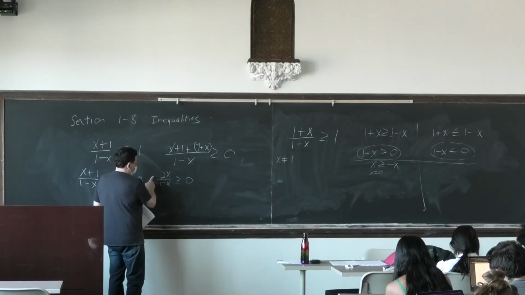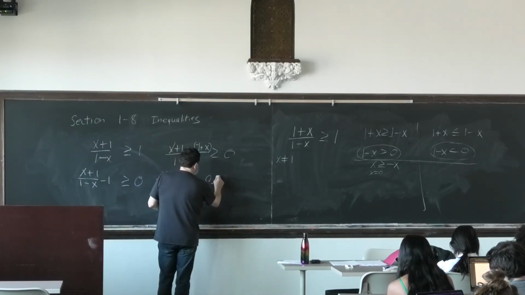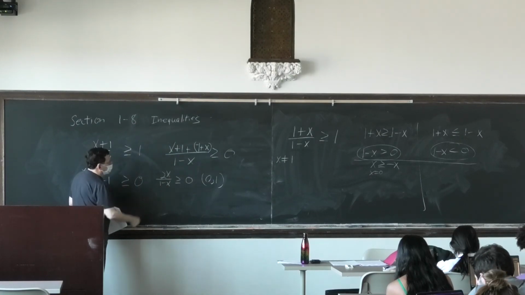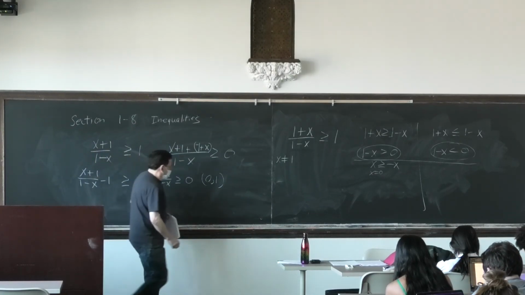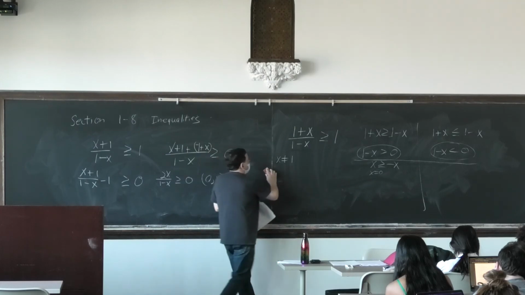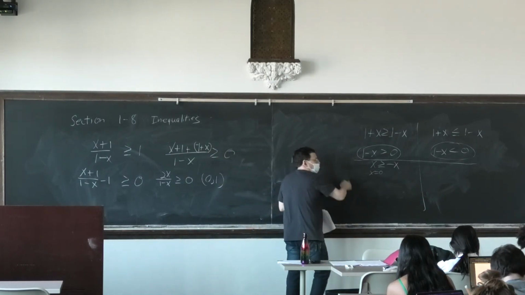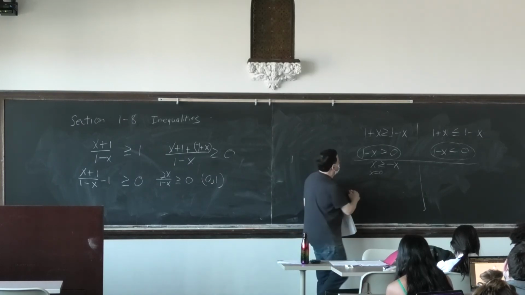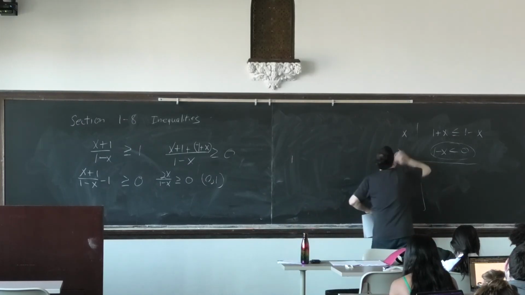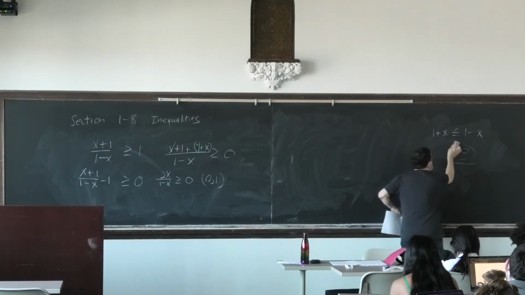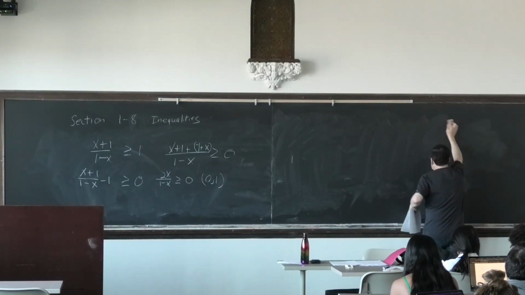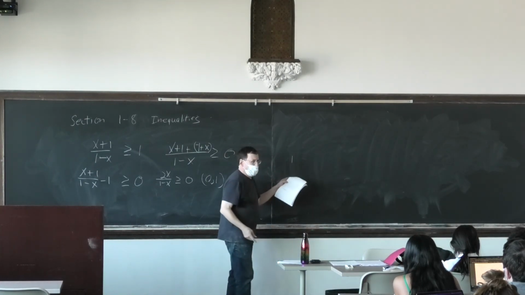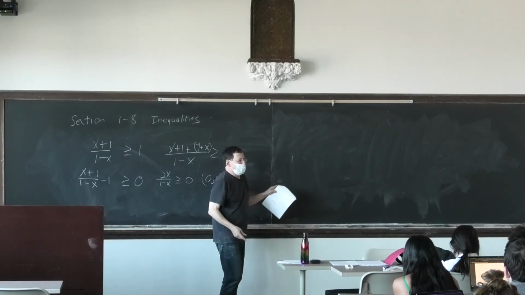This has critical points at 0 and 1. At 1 it kind of goes off to infinity. So again, this really bothers me. Should be simple algebra. Anybody who can figure out what I did wrong doesn't need to do homework.